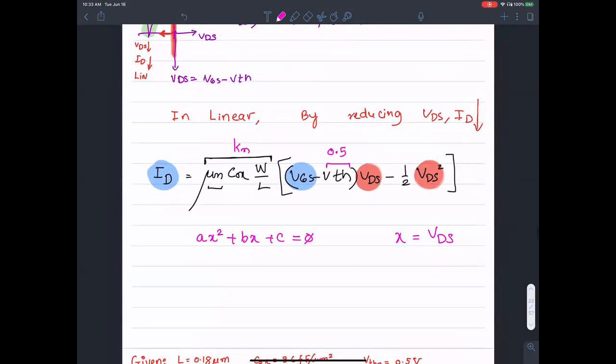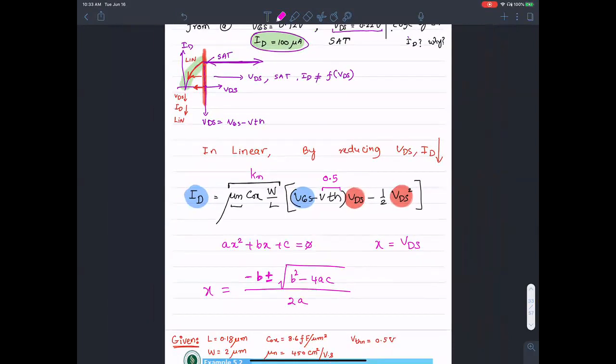You can find the solution using minus b plus or minus square root of b squared minus 4ac, over 2a. There will be two solutions to this quadratic equation. Make sense? Questions, please. Questions so far.